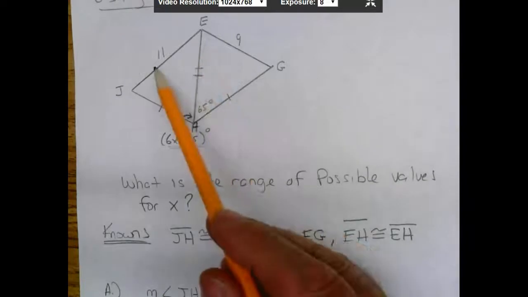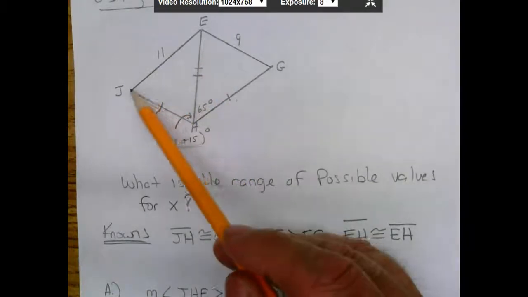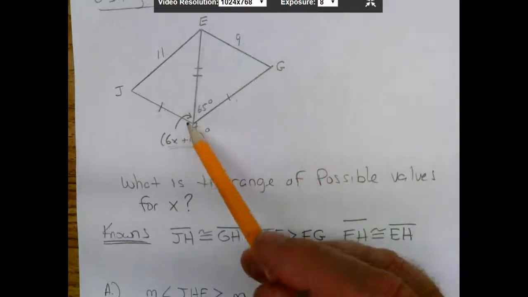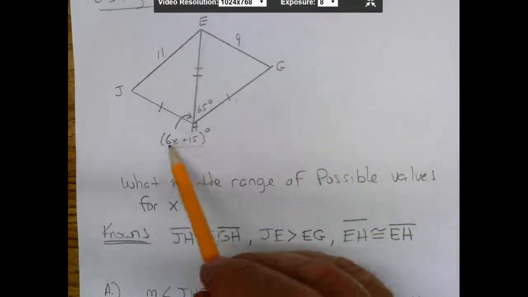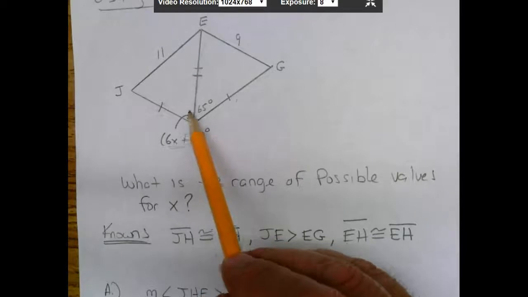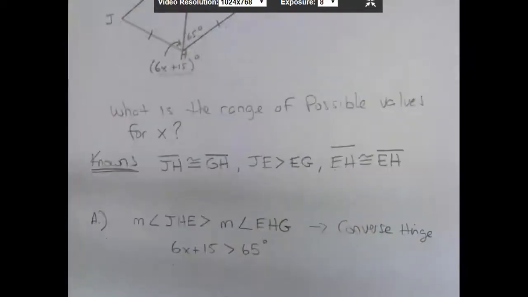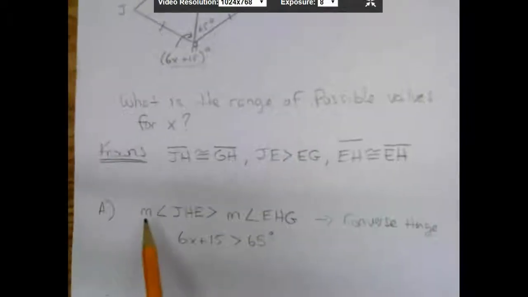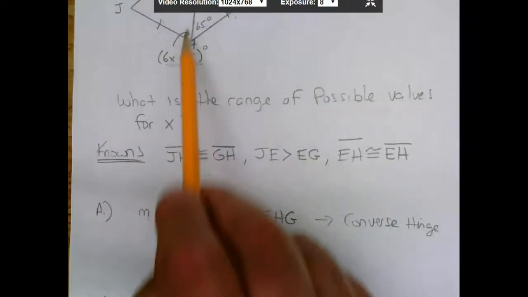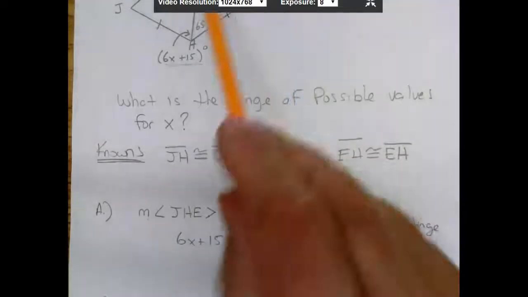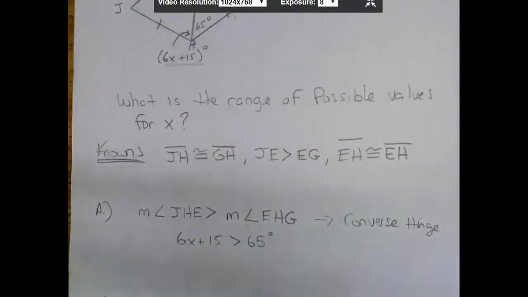If we look at the third side, this one is greater, 11 is greater than 9. So this angle, 6x plus 15, should be greater than 65. So we can state that the measure of angle JHE, right here, is greater than the measure of angle EHG. And that's the converse hinge theorem, just restating it there.